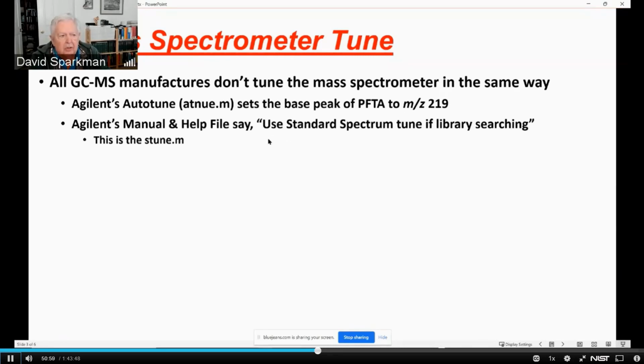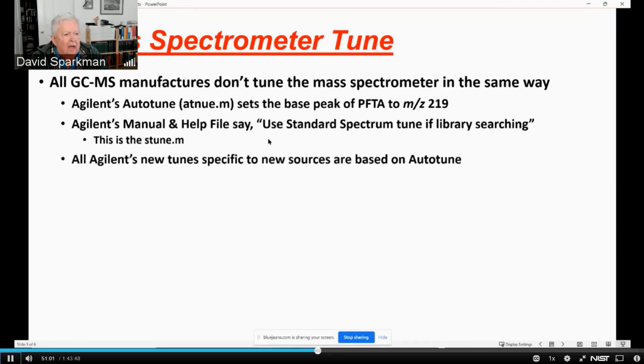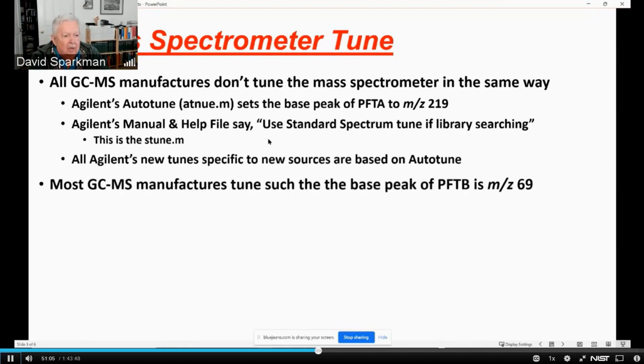And they took the old auto tune and changed it to be the standard spectrum tune. So all the spectra that are measured at NIST are all measured with perfluorotributylamine having a base peak of M over Z 69. Now, most other GCMS manufacturers tune to this base peak.